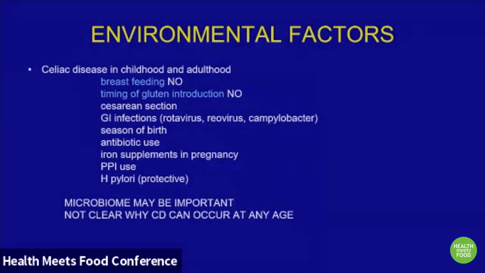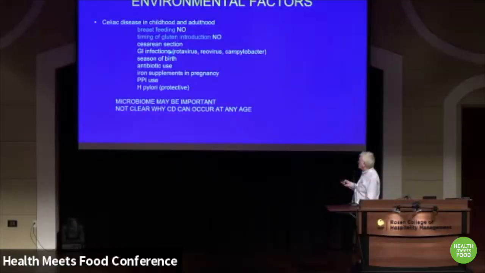It's thought that maybe the amount of gluten given in the 2nd or 3rd or 4th year of life might be important. But there are other factors. We know that being born by cesarean section increases the risk, having a GI infection, rotavirus, and it's been shown that where rotavirus immunization has been administered, there's less celiac disease.